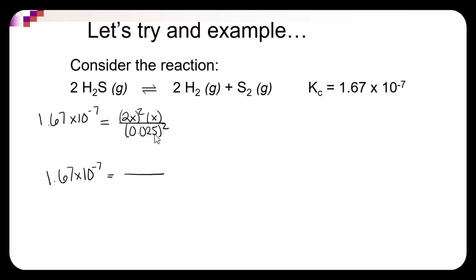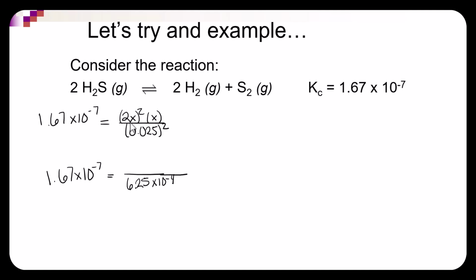On the bottom, I've got 0.025 squared, so 0.025 squared gives me 6.25 times 10 to the negative 4th.